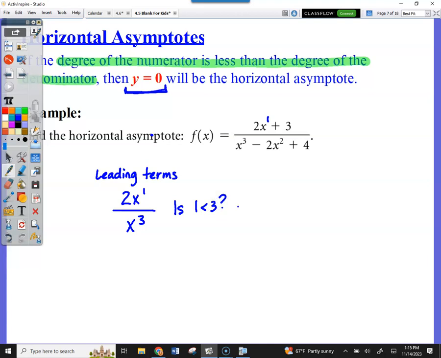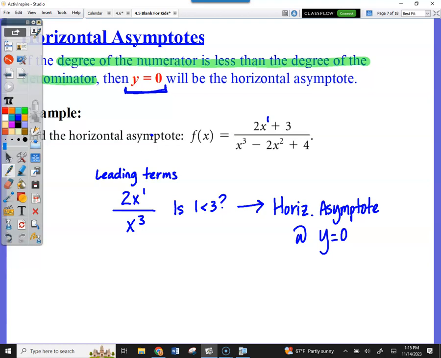Yes. Then there is a horizontal asymptote at y equals 0. There's no other math to do. It is just a leading terms test of the degrees.